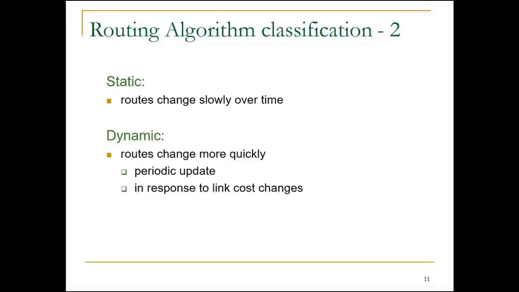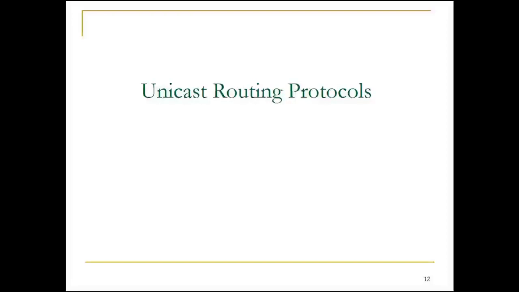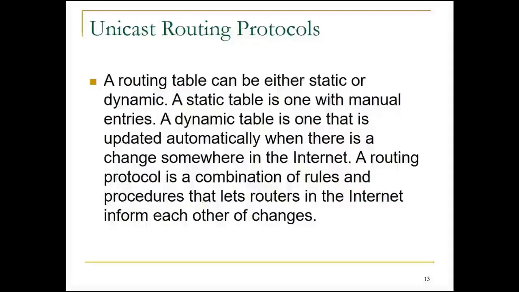They probably do employ the static and dynamic routes. So unicast routing tables can be either static or dynamic in this sense, which means part of the second category of the classifications of routing algorithms.